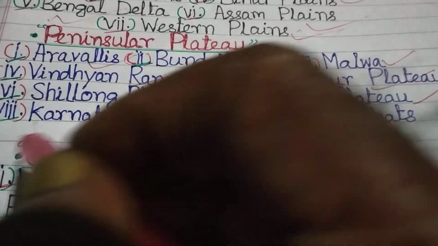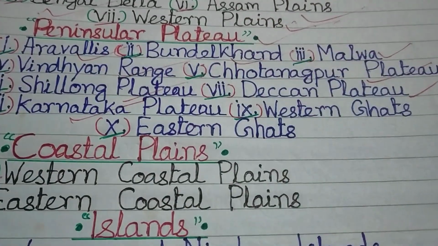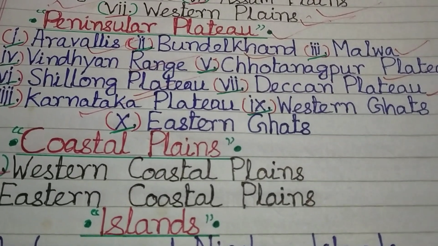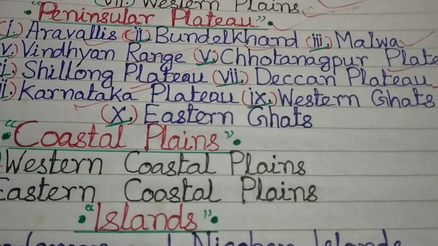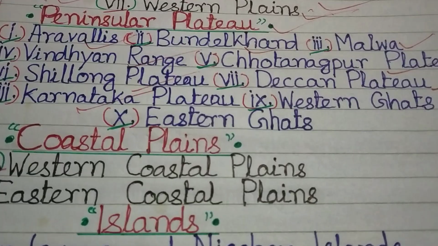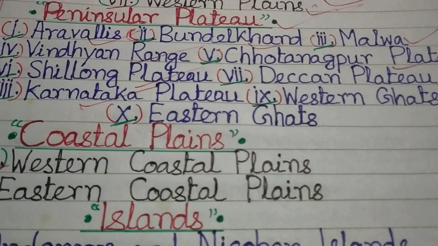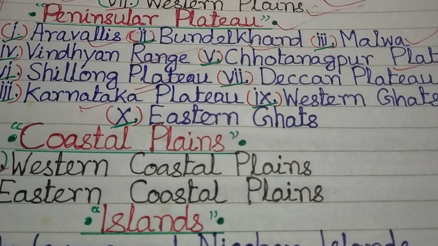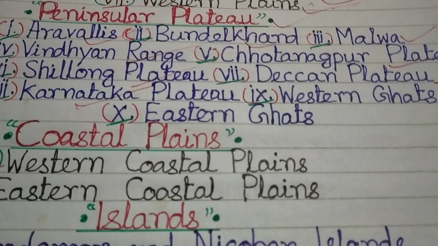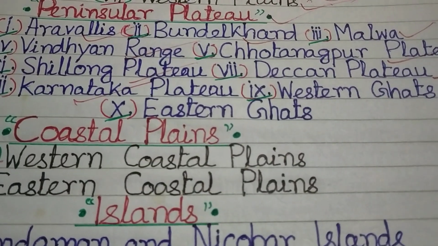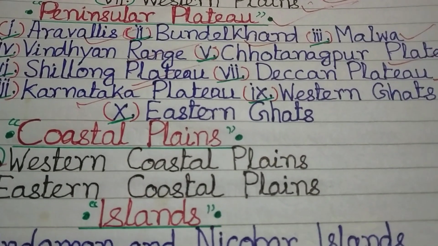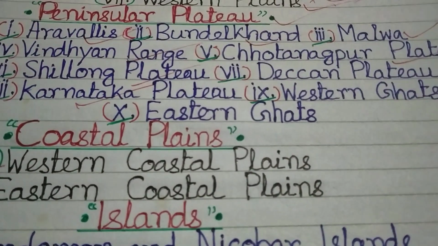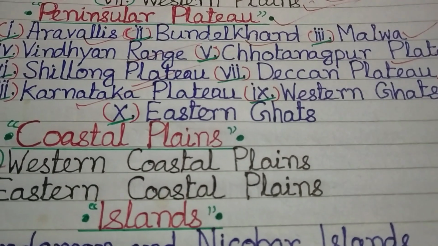eighth one, and that is the Karnataka Plateau. Composed mainly of gneisses and schist, the Karnataka Plateau has a general elevation of 400 to 800 meters in the north and 900 to 1100 meters in the south. Broadly, two main subdivisions, Malnad and Maidan, can be identified.